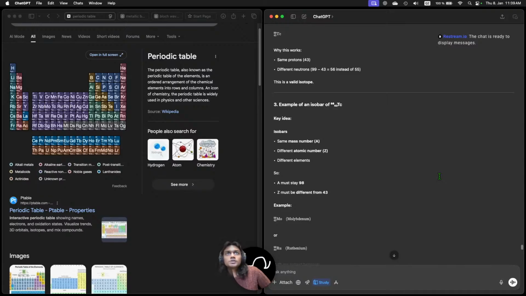Same mass number, neutrons plus protons.